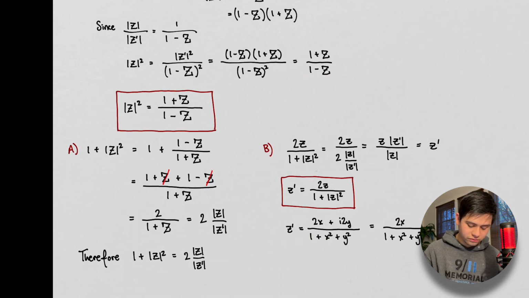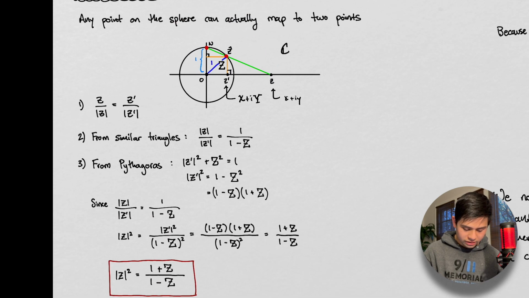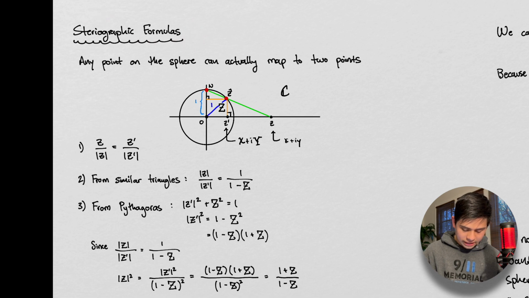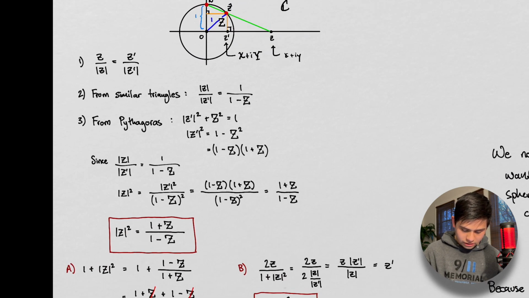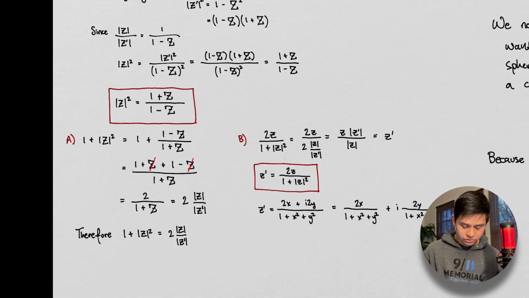So this is to say that the value of z on the plane, the complex plane, squared is equal to this relationship right here: 1 plus big Z over 1 minus big Z. This is a stereographic formula that relates the height, the distance from the plane to the sphere, to the actual value of Z itself, which is quite interesting to think about and ponder.